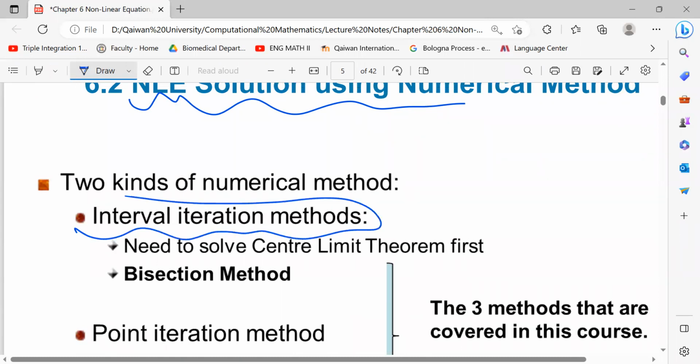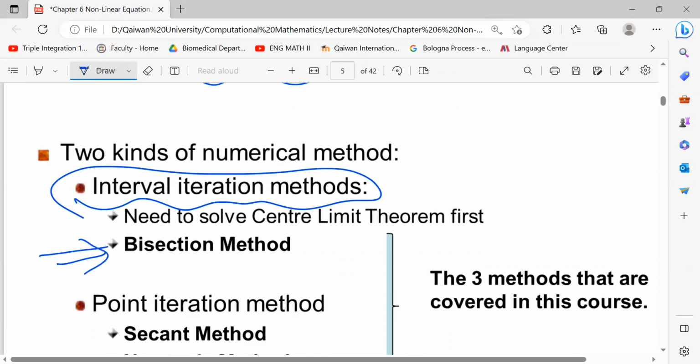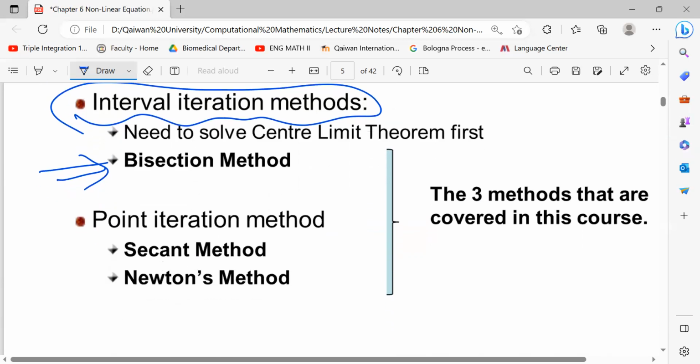To work on interval iteration, we have only the bisection method, which works on an interval, okay? And for point iteration, it works on points, okay?